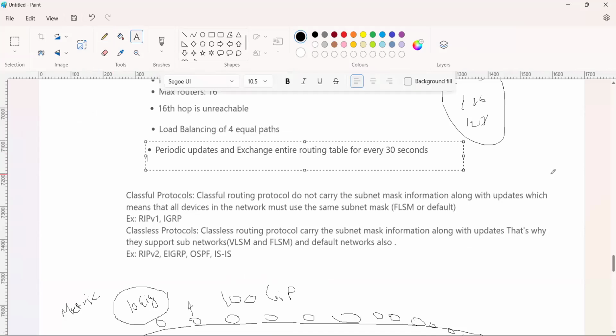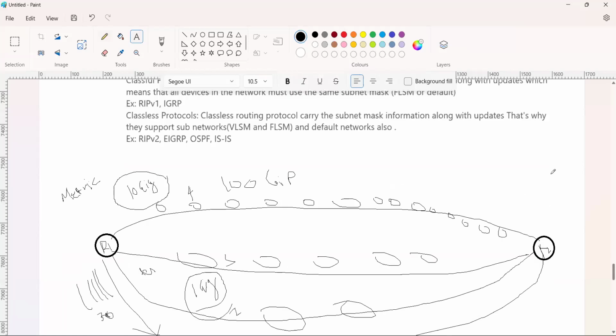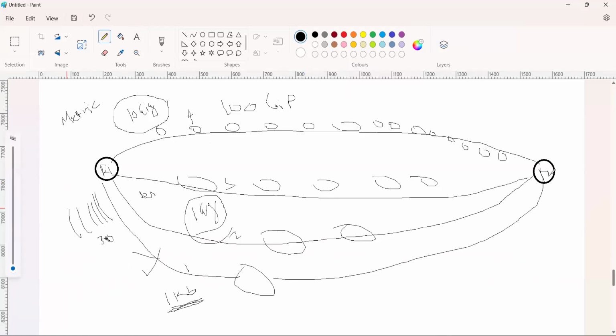But if every 30 seconds there are no changes, nothing is there, and still it is sending some update, that means there is an issue. You can assume like this: the router is sending every 30 seconds, no updates are there, the link is working fine. Every 30 seconds he's knocking, hi, hi, hello, hello.